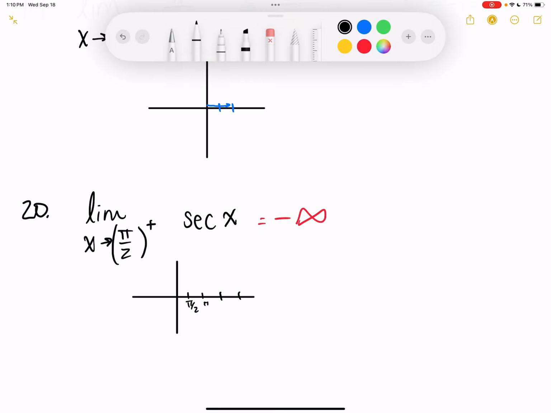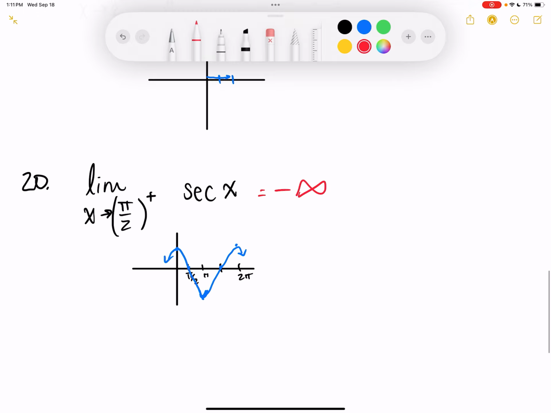Okay, so cosine starts at 1, like so. I just wrote pi over 3 instead of 3 pi over 2. So then secant comes off of these like such.